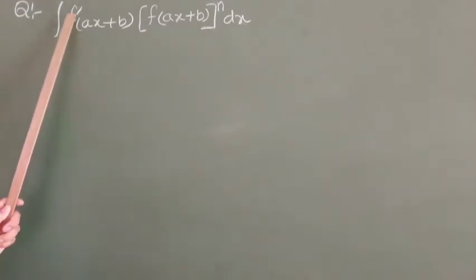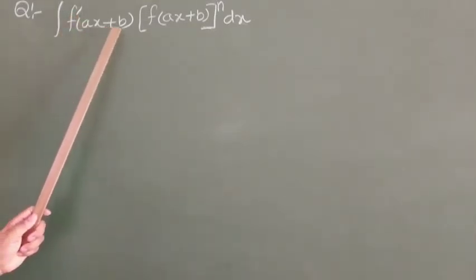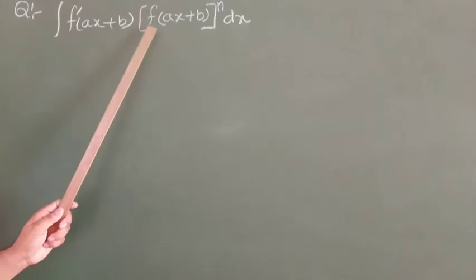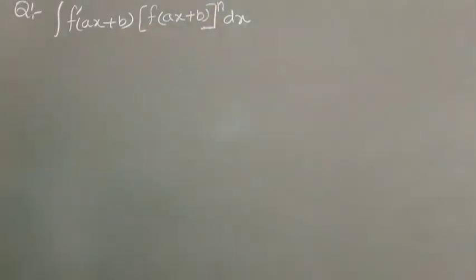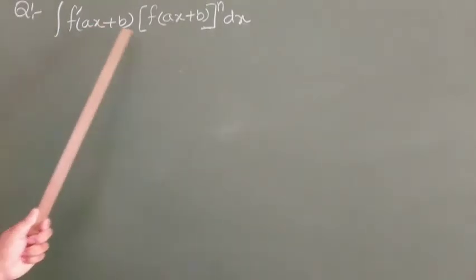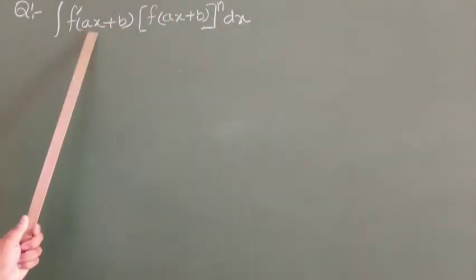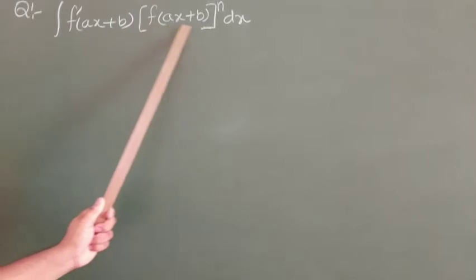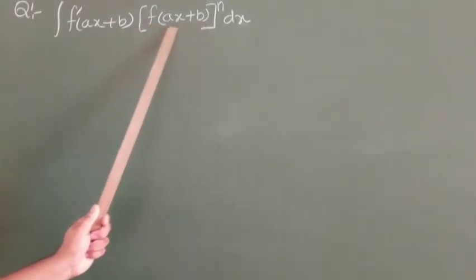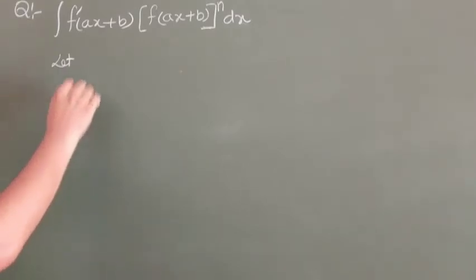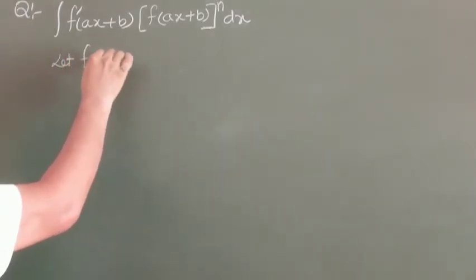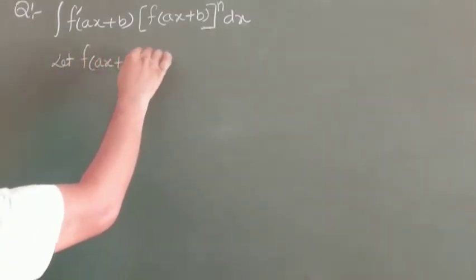Hello students, question number 2. We have to find the integral of f dash ax plus b, f ax plus b whole to the power n dx. So you can see its differentiation is given here. So we can suppose this part as t. So let f ax plus b equal to t.